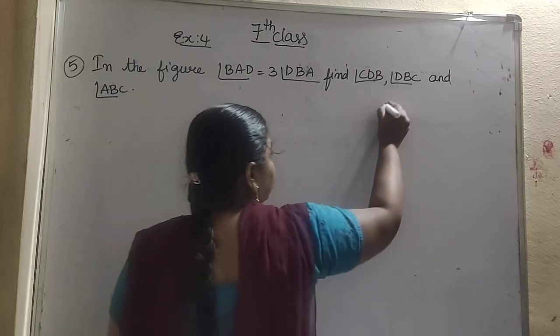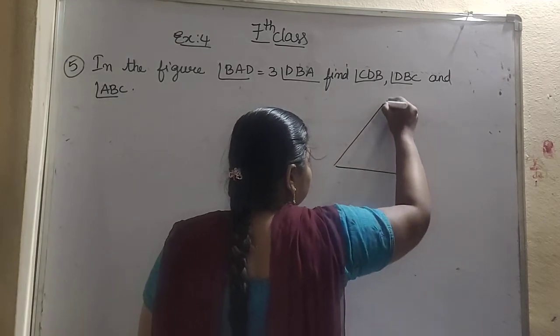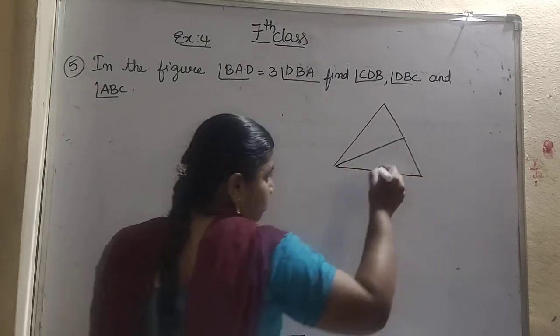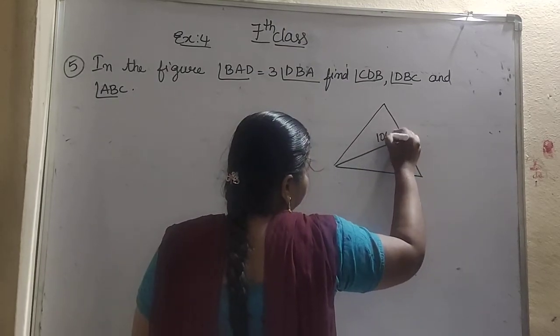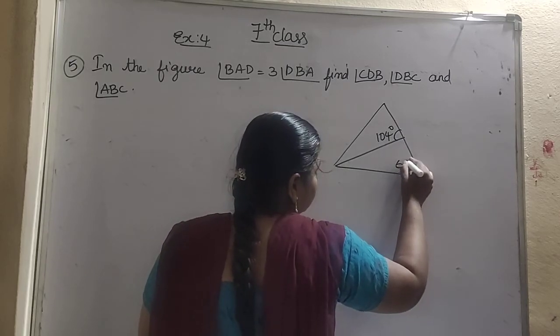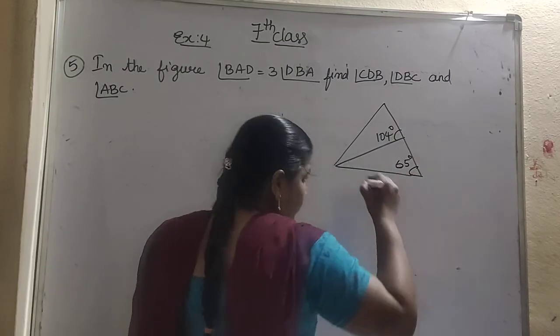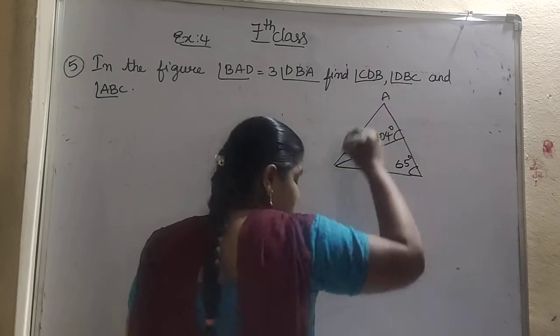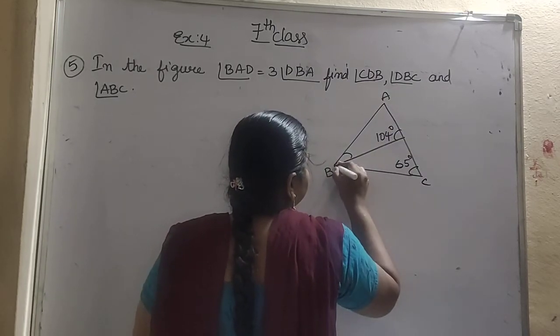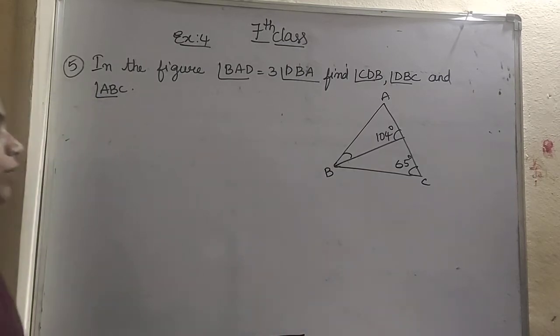And what is the figure here? So this is the figure, with 65° marked at angle BCD.